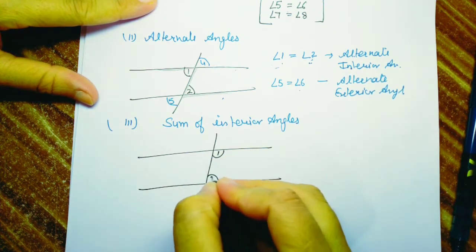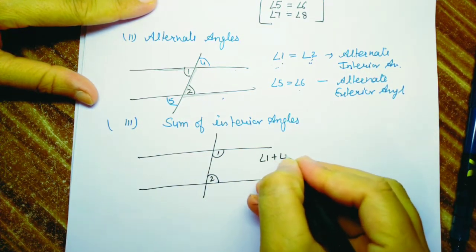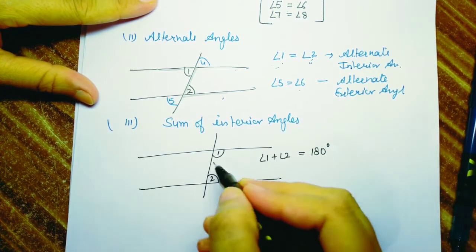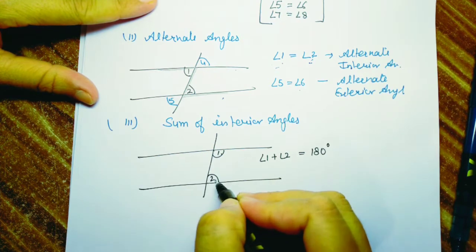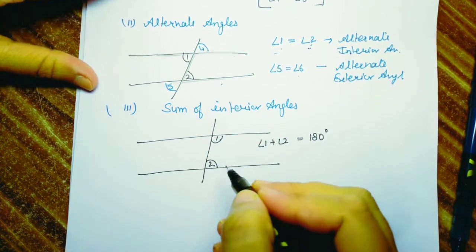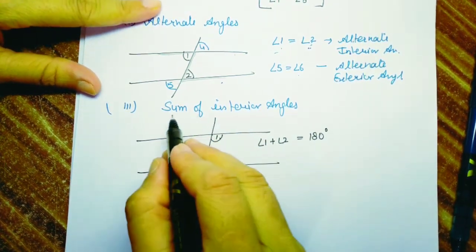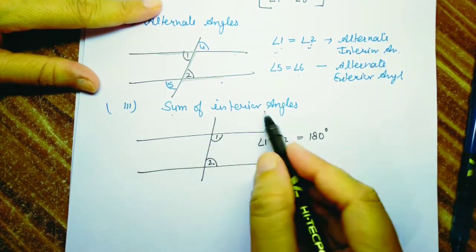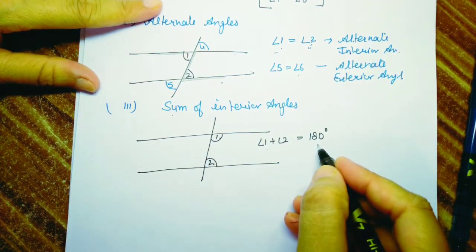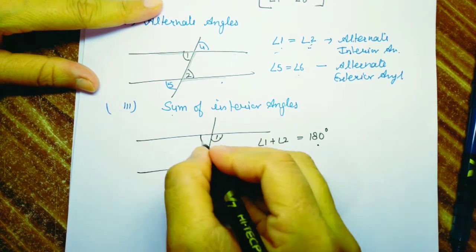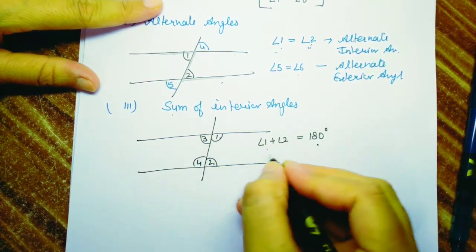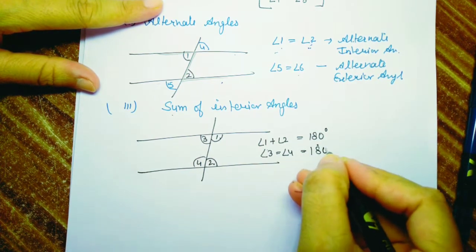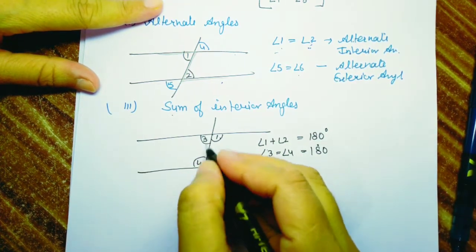So we can say here angle 1 plus angle 2 equals 180 degrees. Because these angles are on the same side of the transversal and inside, that means interior angles. So when lines are parallel, the sum of interior angles is 180 degrees. Same here, angle 3 and 4, their sum is also 180, because these are on the same side of the transversal and inside.